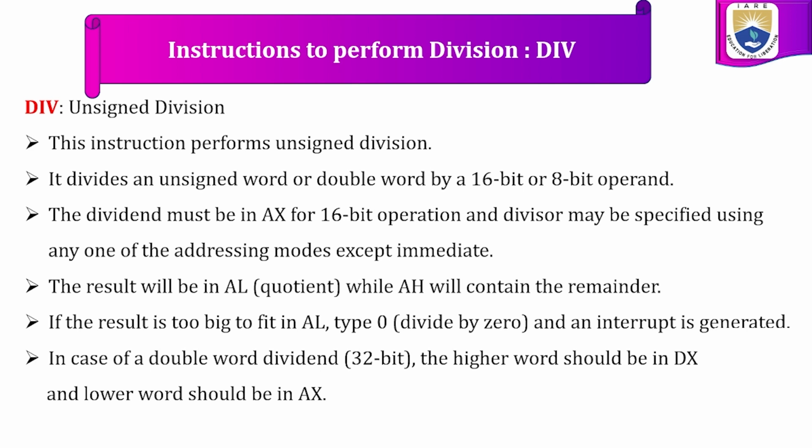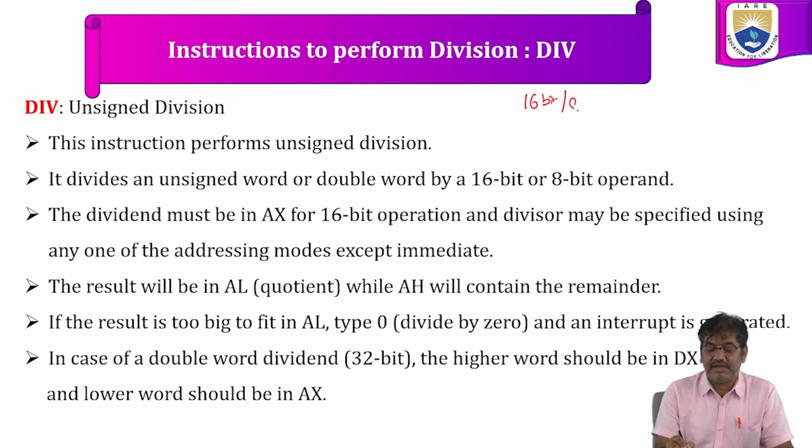Now we will see the instructions related to division operation, which is unsigned division. This instruction performs unsigned division. For division, two possible cases are there. One is we can divide 16-bit data with 8-bit data, or 32-bit data with 16-bit data. Only these two combinations are possible.